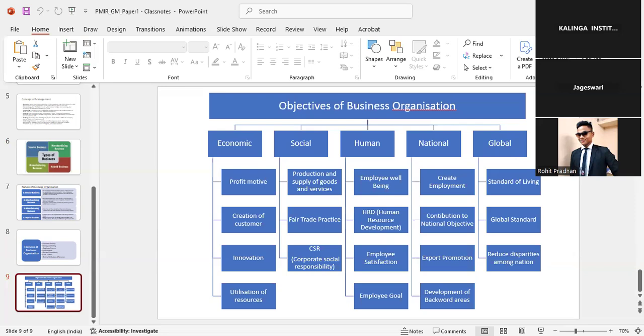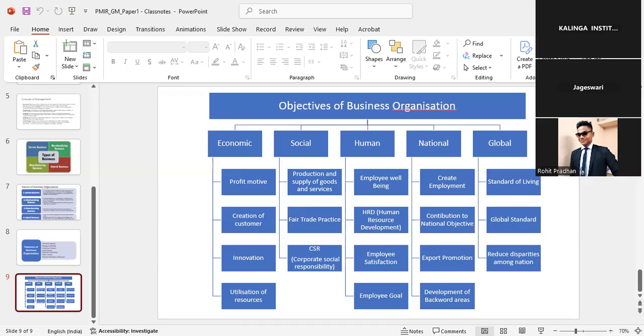Social objectives, if you are doing some for the society. For example, if you are establishing an organization in your village and you are cutting the trees and in return you are planting the trees, you are doing some social activities.